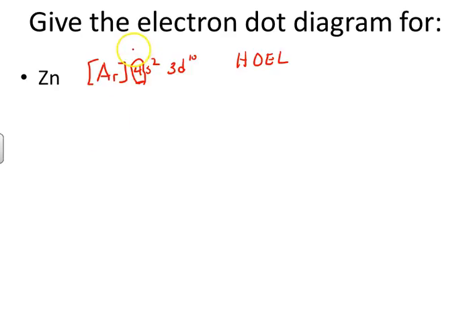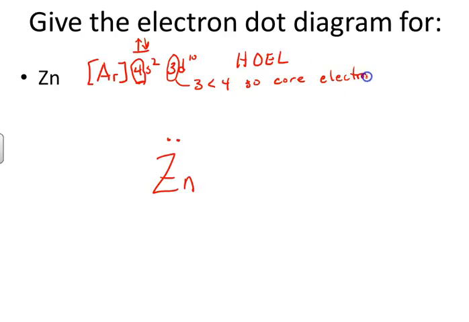So if we do this, the only electrons that we're going to represent would be the 4s, so we would have Zn and a pair of s electrons. These electrons are in energy level 3. 3 is less than 4, so they are core electrons, not valence electrons.